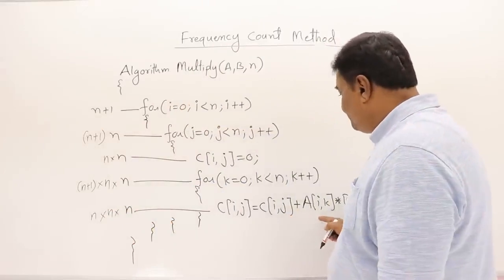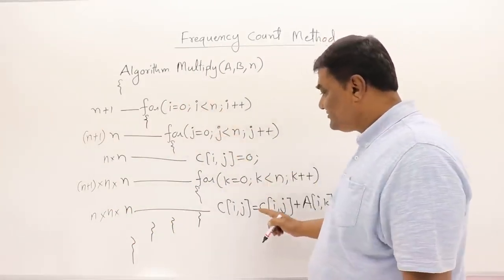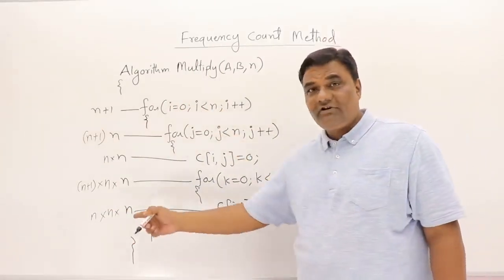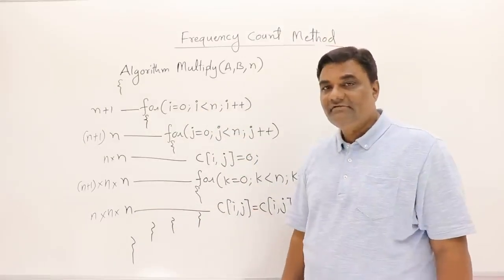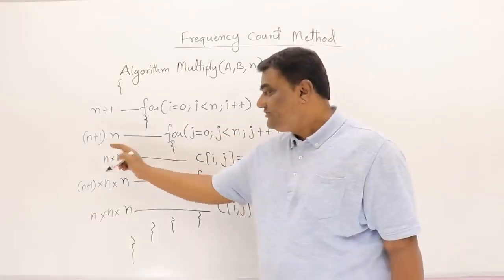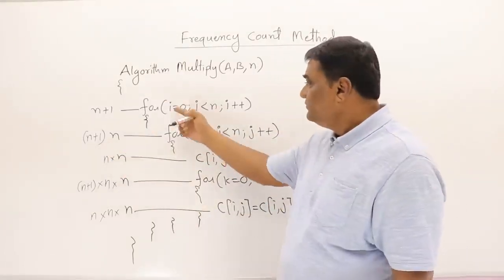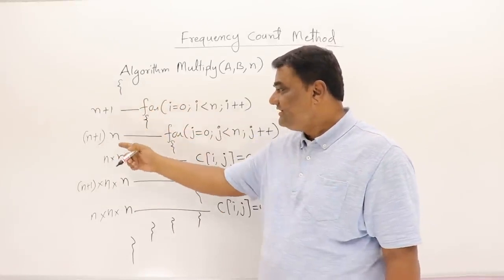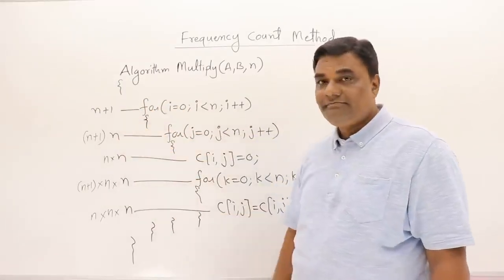As this statement is inside all three loops, it is going to execute n cube times. This is inside just these two loops, so it is executing n square times. And these are loops themselves, so that is n plus 1, and this is n square and this is n cube.